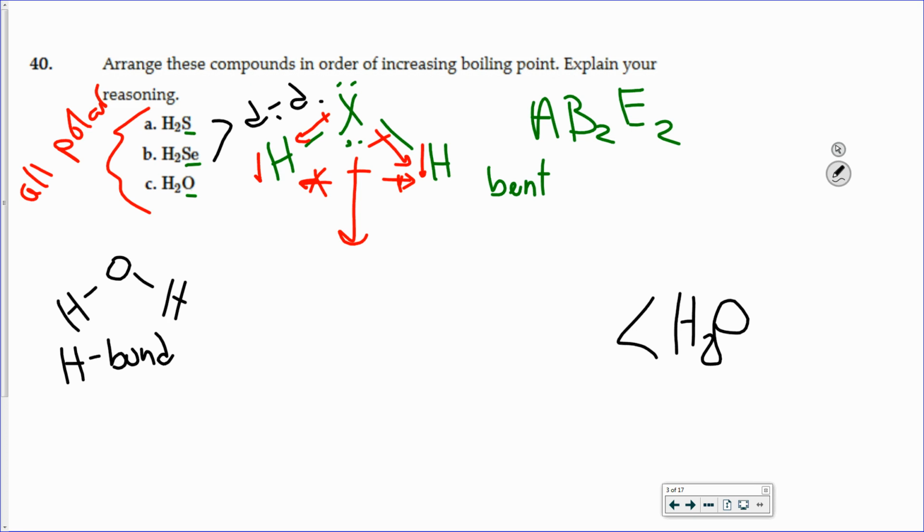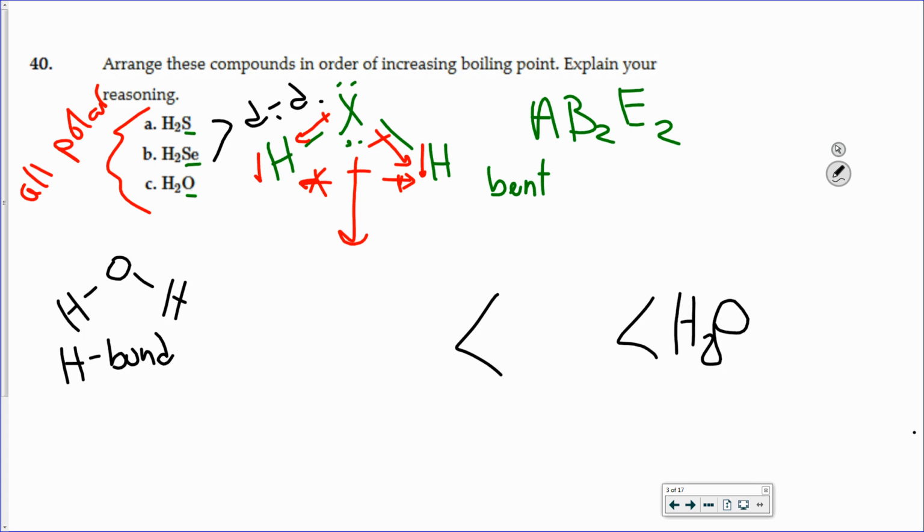Okay, so now I have to figure out what's next. Do you think it would be the sulfur hydride or the selenium hydride? The only thing that differs on these two things are the dispersion forces. And the dispersion forces are largest with the things that have the most electrons. So you go to the biggest atom.